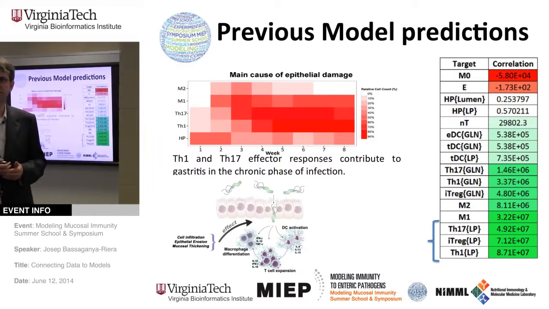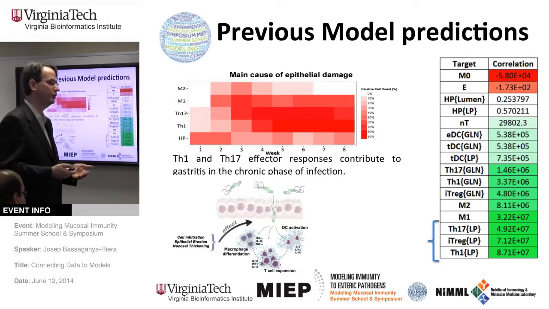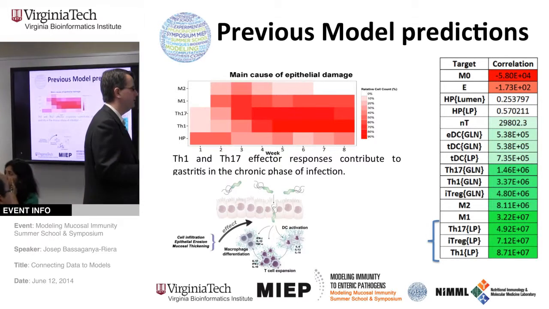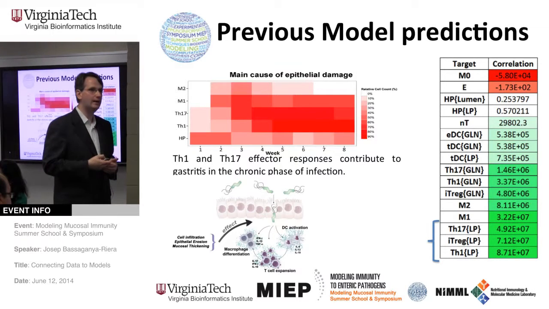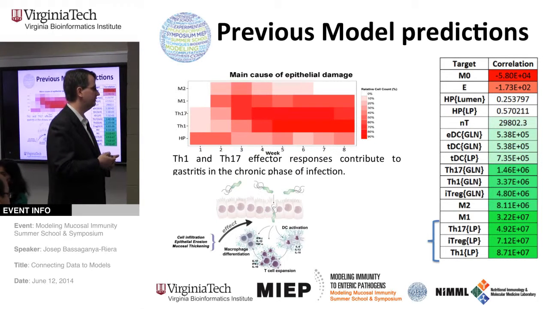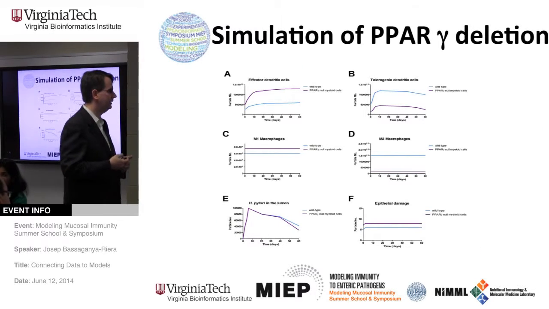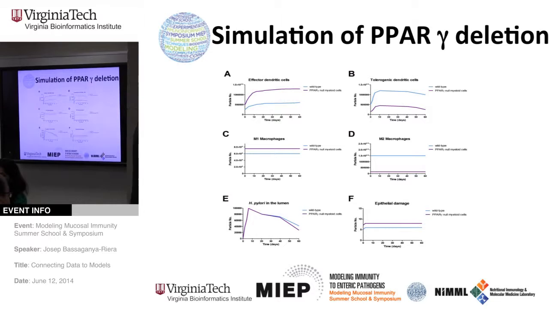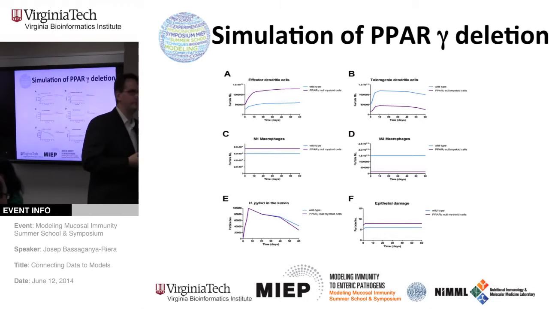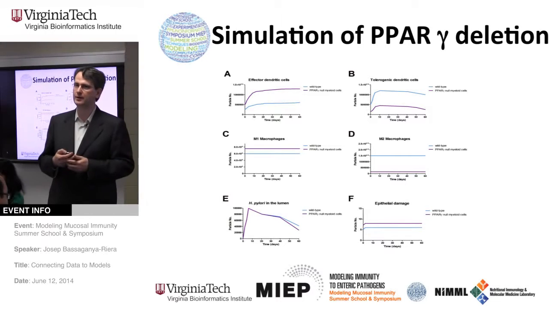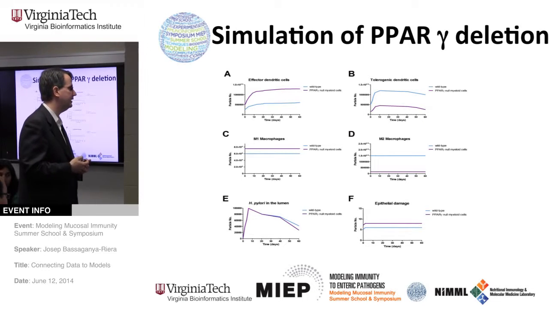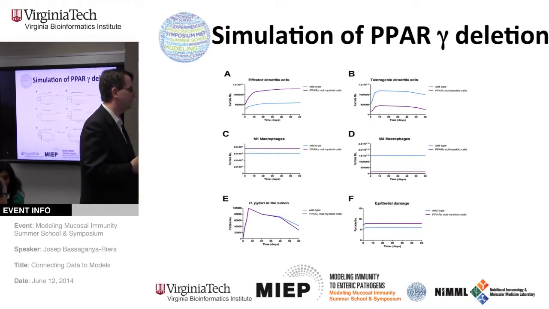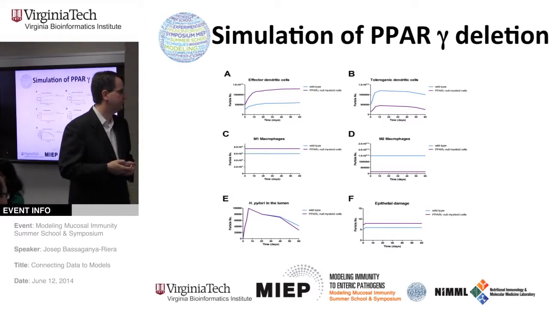At later stages of infection, when the infection becomes chronic, in the mouse model, it is the Th17 and Th1 subsets that contribute to lesion formation, at least epithelial lesion formation. And in that model, we ask the question, what's going to happen if we delete PPAR gamma? And that actually is work that Kate initiated when she transitioned from the IBD model to the HP model.